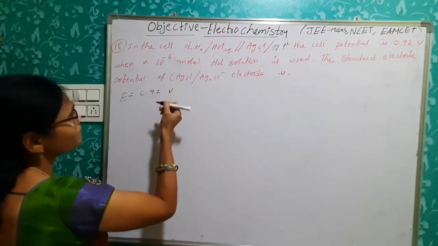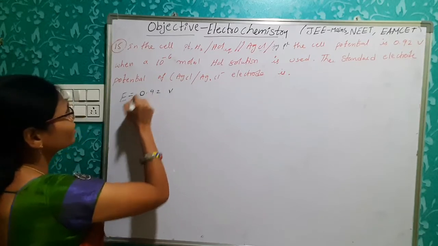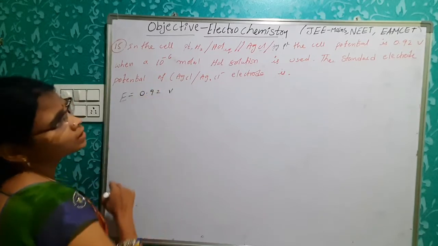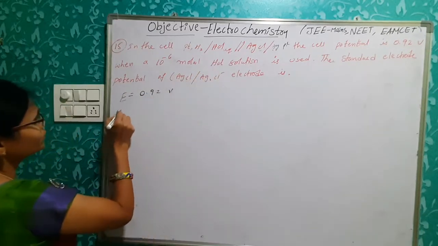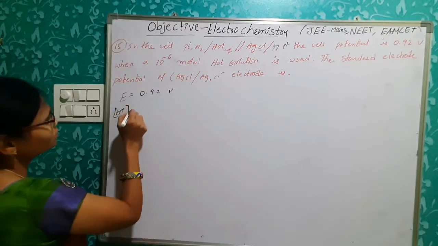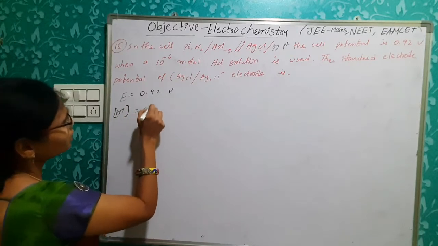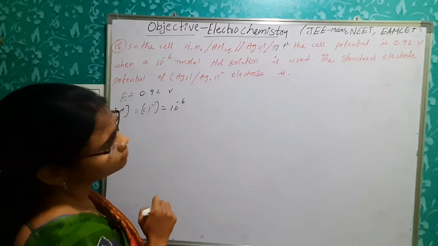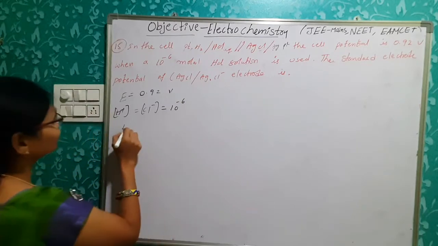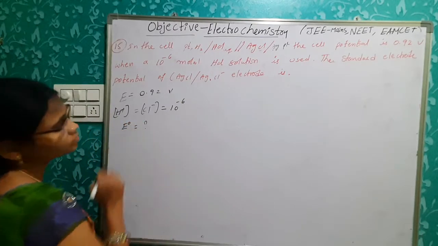Next, the concentration of HCl, meaning H⁺ ion concentration is equal to Cl⁻ ion concentration, which is 10 power minus 6. We have to calculate the standard electrode potential, E naught, here.